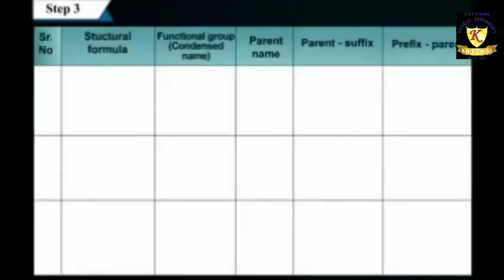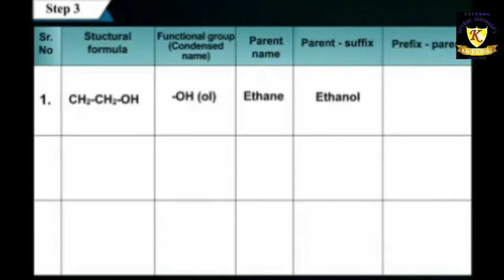Now look here. The table has the structural formula CH3CH2OH. The functional group is OH, that is ol. Parent name ethane, parent plus suffix: ethanol. Second, structural formula CH3CH2Cl.